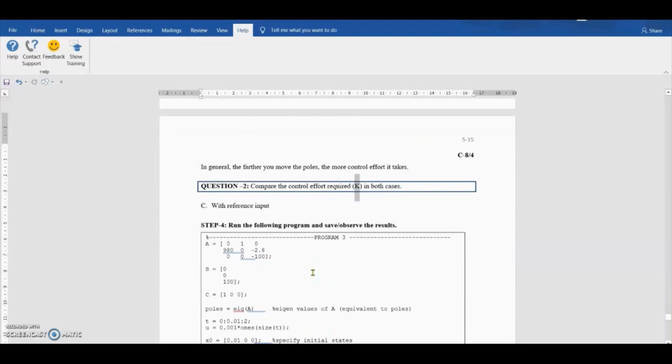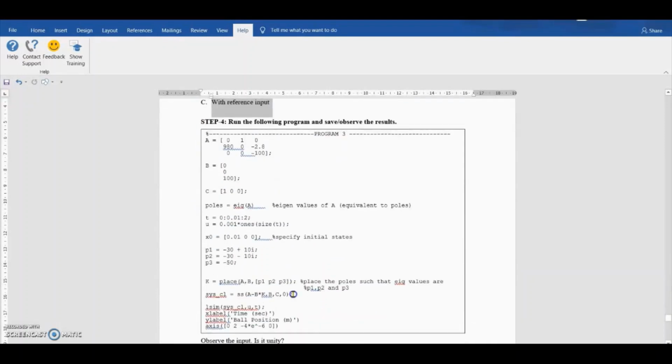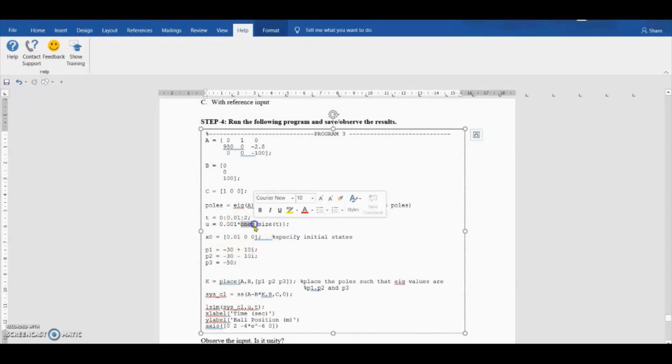Now at last we are seeing the result when some input is provided. All of the program is same, except that instead of U to be all zeros, we are providing U to be some step input. In the previous program it was zeros, now it is ones. Ones simply means that we have an input which is having all elements 1, for each value of time, because it is the size of t here.